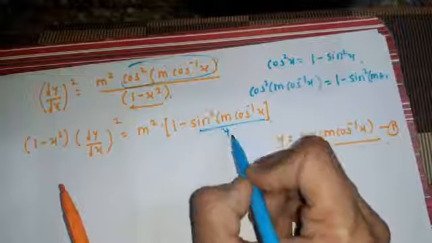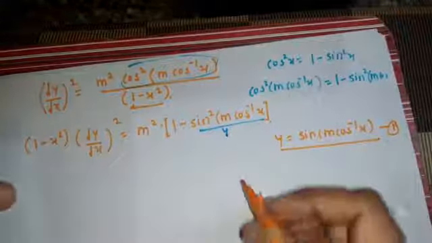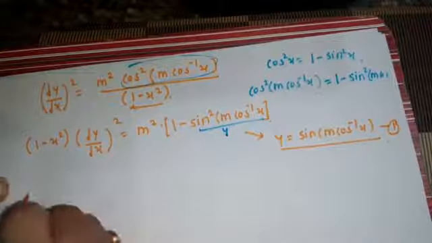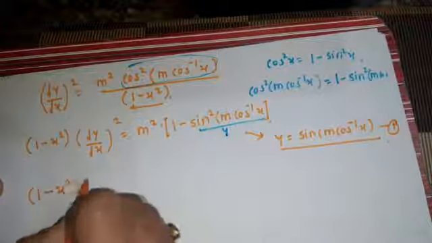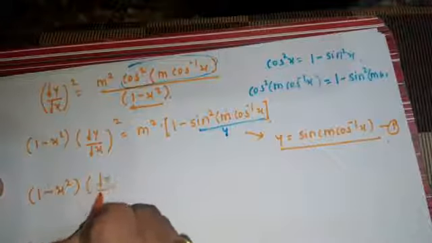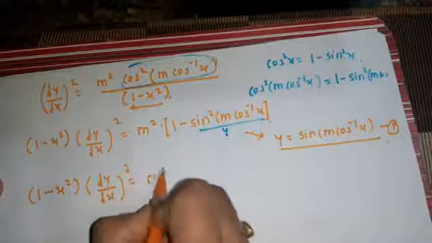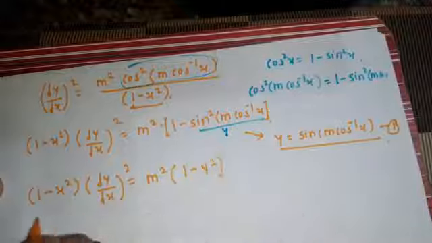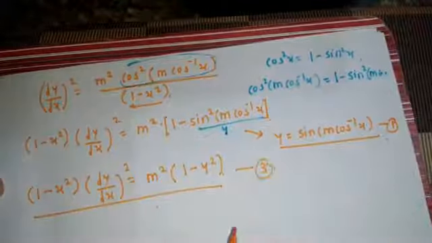Here we have sine square, so it becomes y square. Therefore (1 minus x square) dy by dx whole square equals m square into (1 minus y square). Now this is statement 3.